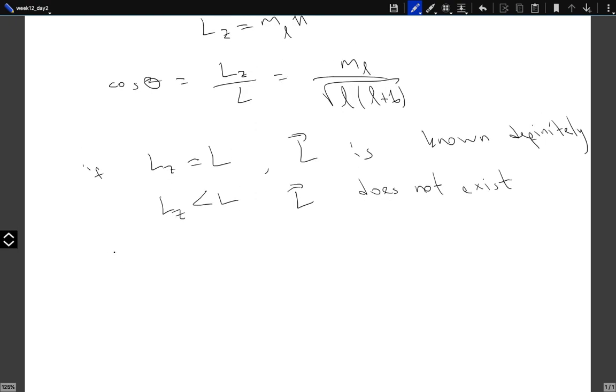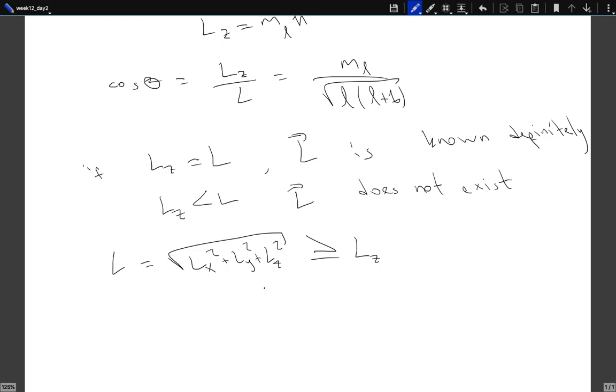So, you see, the magnitude of L squared is given by Lx squared plus Ly squared plus Lz squared, right? Which is always larger than or equal to Lz squared. You see, the electron definitely has an Lz.